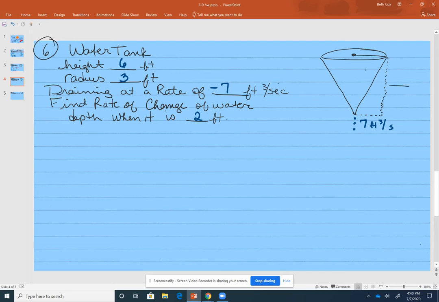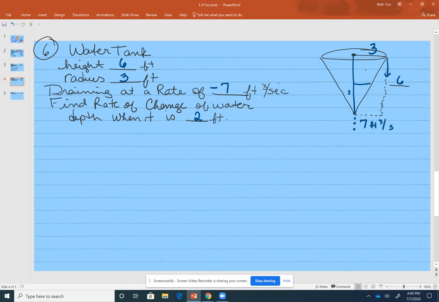First thing we want to see is that we've got a height of 6, a radius of 3, but the height is what's changing because the water's coming down. So we are looking at some other height of 2. When the water gets down and the height's 2, that's what we want to look at.